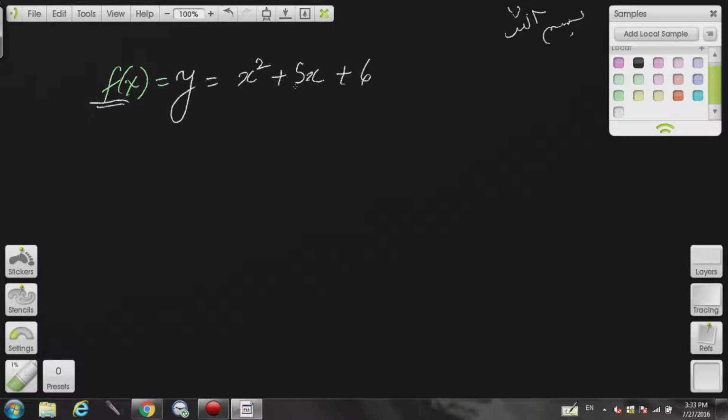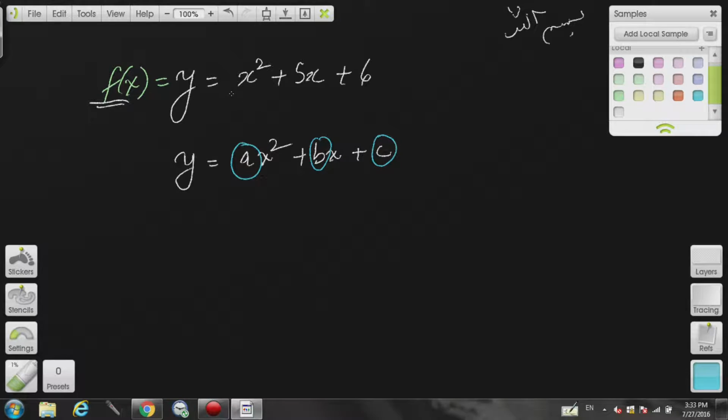The first way that we're going to explore is the standard form, okay? That looks like this. y equals ax squared plus bx plus c. In the standard form, you must understand a, b, and c are numbers, are constants.